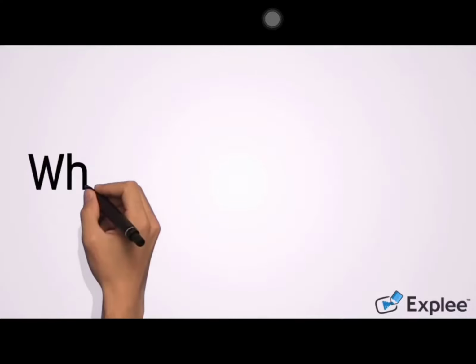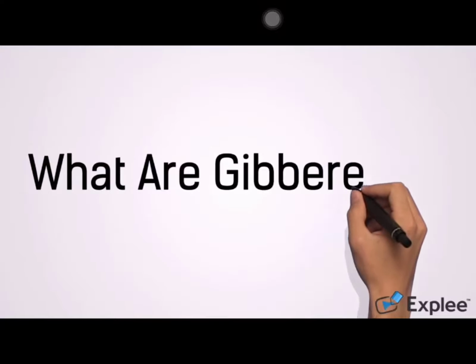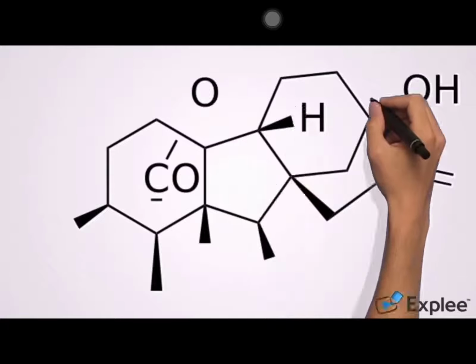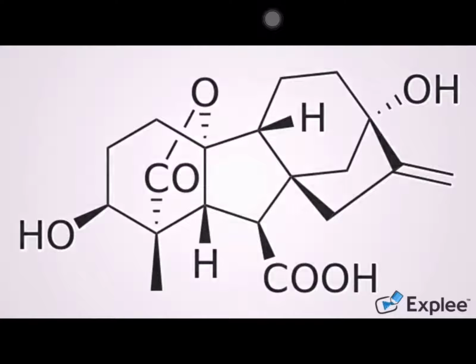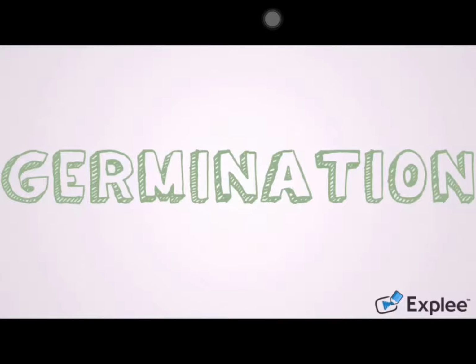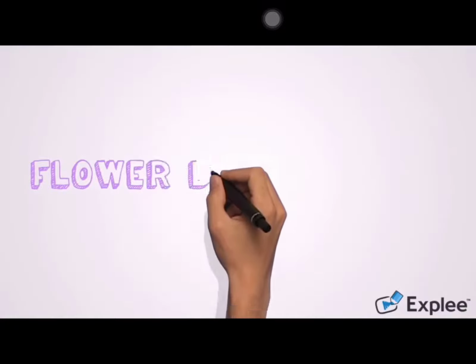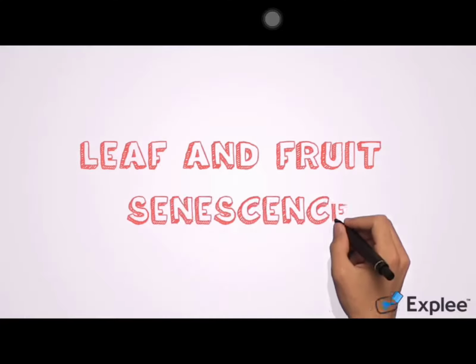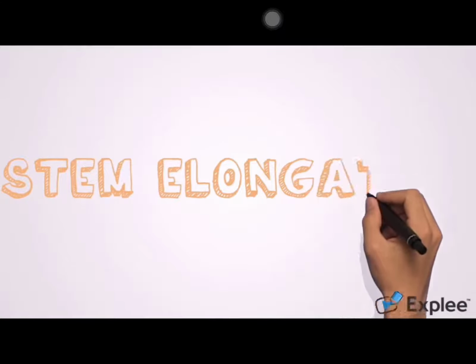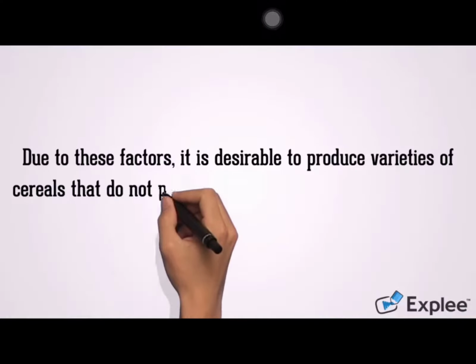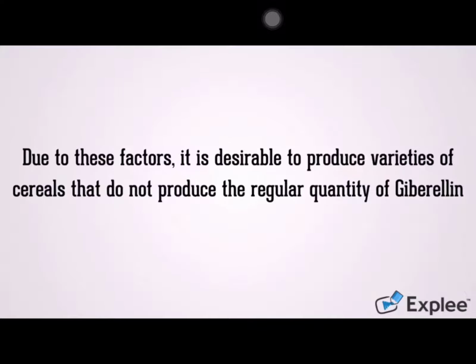But before we begin, we must understand what gibberellins are. Gibberellins are plant hormones that regulate various developmental processes, including germination, dormancy, flower development, leaf and fruit senescence, and stem elongation. Due to these factors, it is desirable to produce varieties of cereals that do not produce the regular quantity of gibberellin.